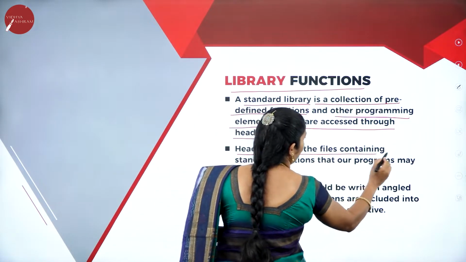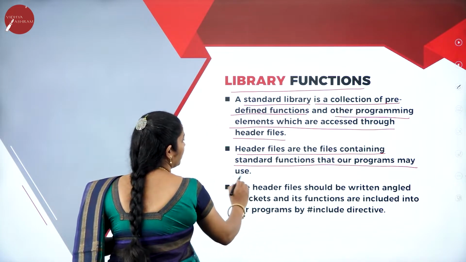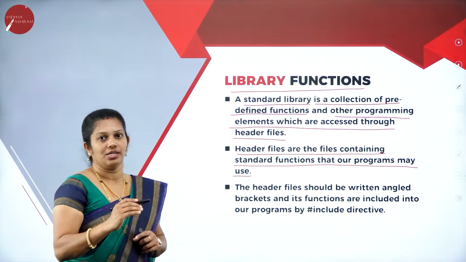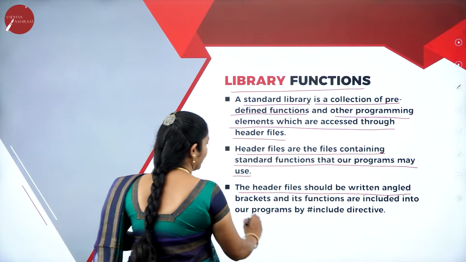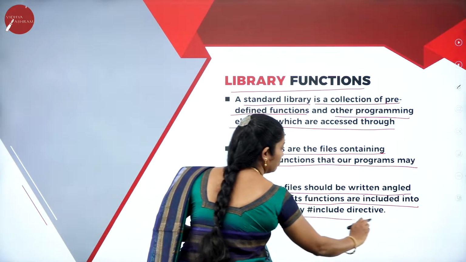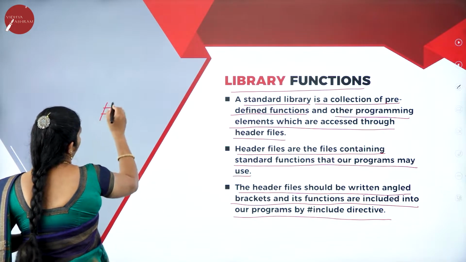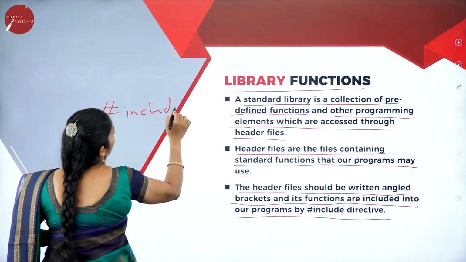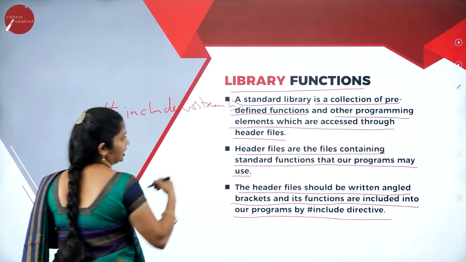Header files are the files containing standard functions that our programs may use. In this case, it contains a set of functions and we are using them. The header files should be written in angle brackets and their functions are included into our programs by #include directives. For example, if I want to perform cin as well as cout functions, then #include iostream.h header file we use.